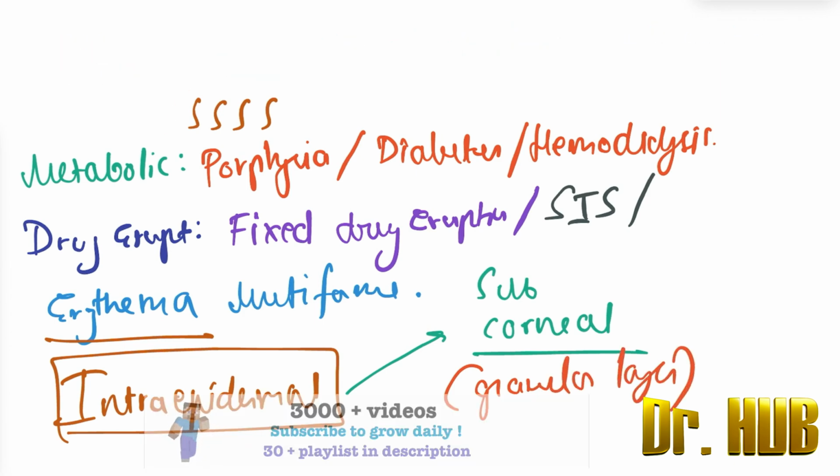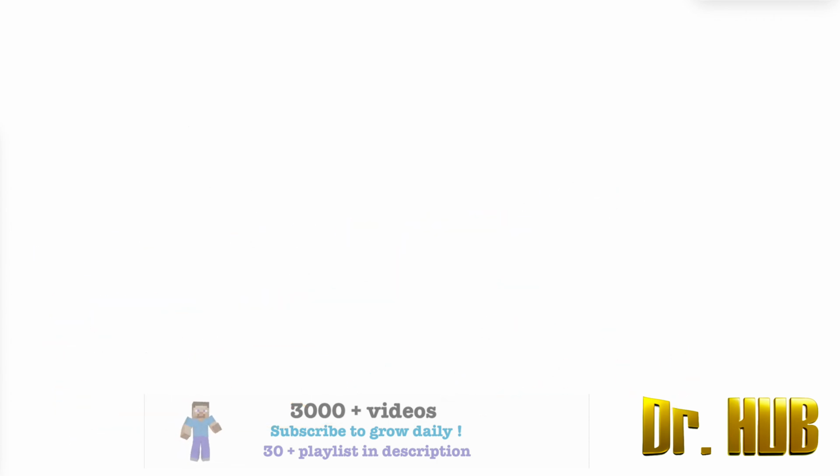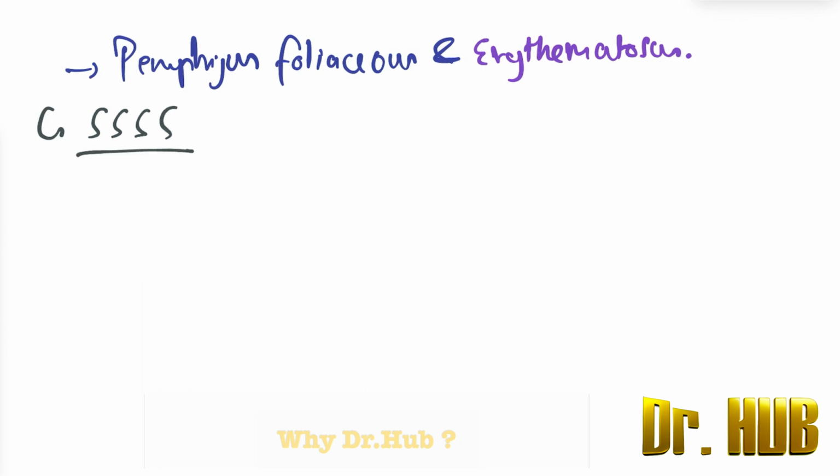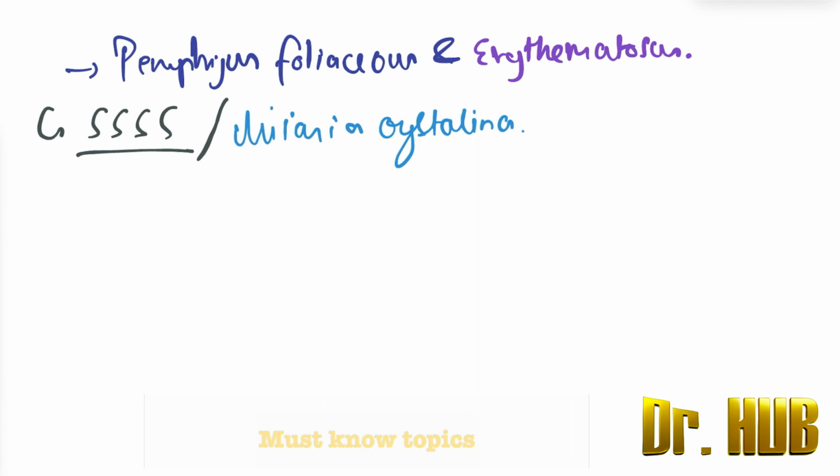It includes pemphigus foliaceus and erythematosus. Next is staphylococcal scalded skin syndrome, 4S. Then comes miliaria crystallina.